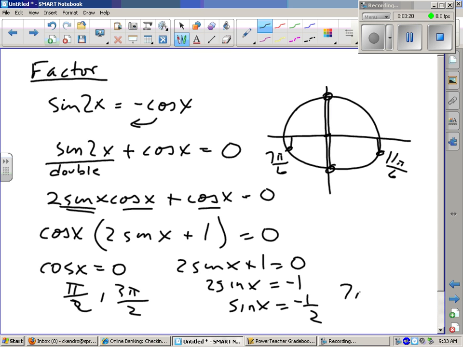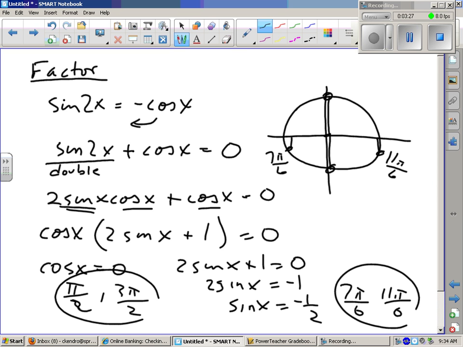So those are two more answers. So these four answers are the values that if I put them in here and here, this comes out true. Those are the only four answers on one trip around the circle. So it's not true all the time, but it is true for those four answers.